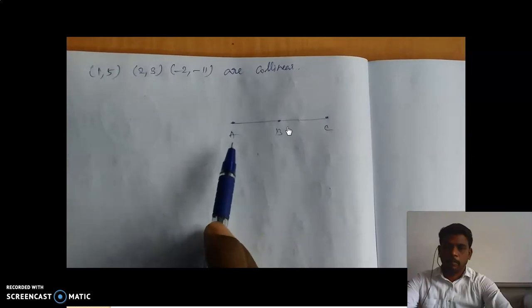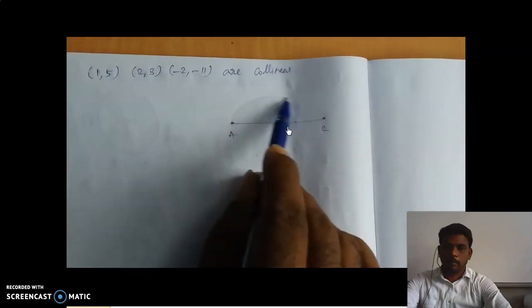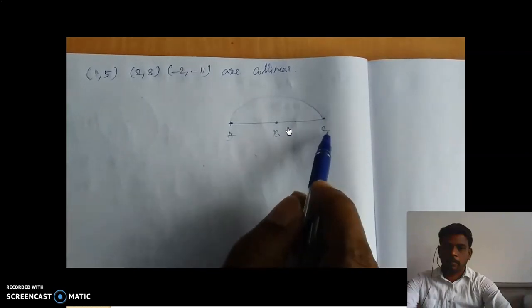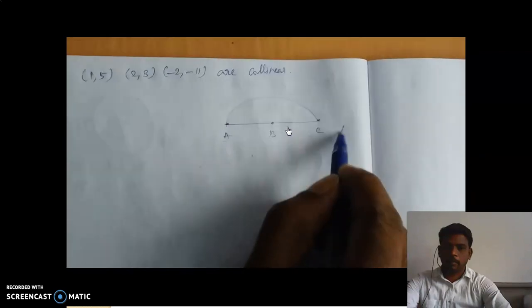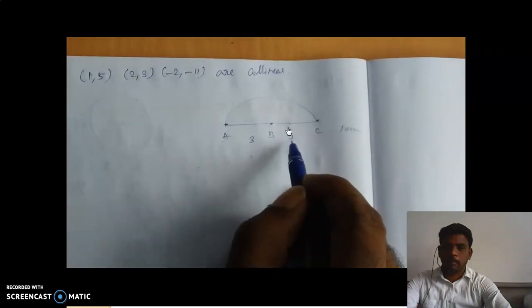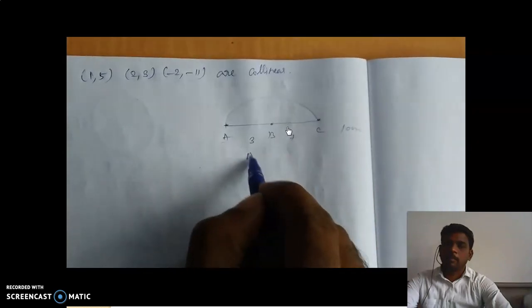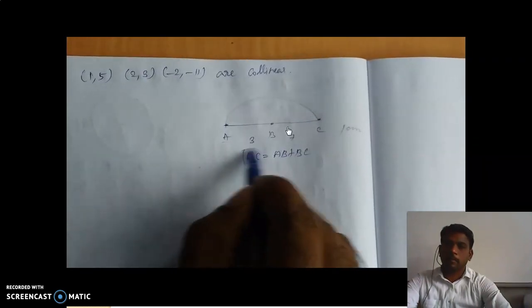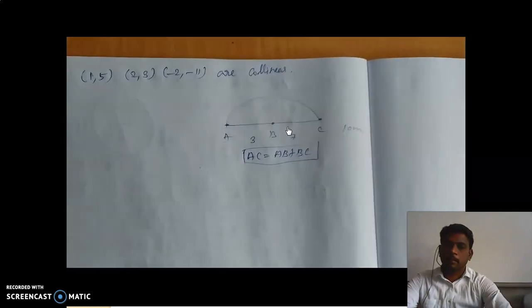So the length of AC equals the sum of AB and BC. For example, AC equal to 10 centimeter and AB equal to 3 centimeter means BC is 7 centimeter. Therefore AC equals AB plus BC. That is the concept for collinear points: points on the same straight line.